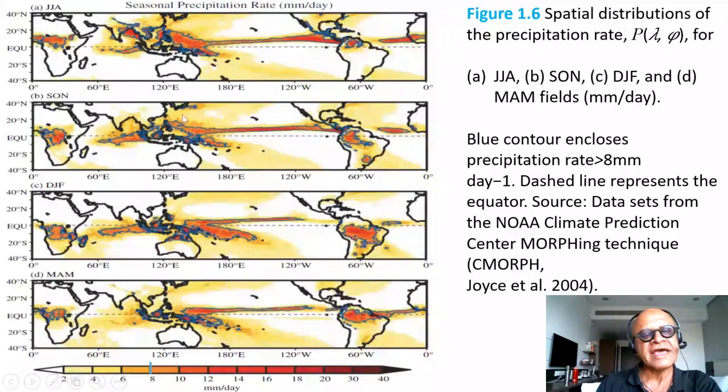Maritime continent has rain pretty much throughout the year, but its drier season is during June, July, August. It gets more rain during DJF, and its large interannual variability, year-to-year variability in rainfall, also happens in June, July, August. There are other details we'll come back to.